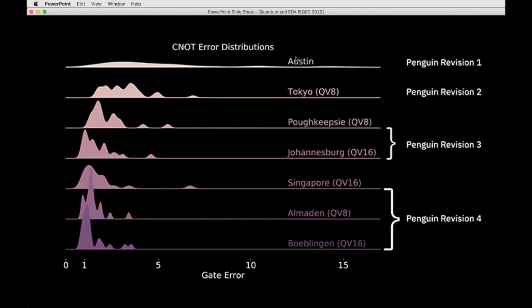These are all, I believe, the IBM 20-qubit machines, the different generations. By tuning a lot of the system, we are able to significantly reduce the gate errors and therefore improve the quantum volume of the machines.